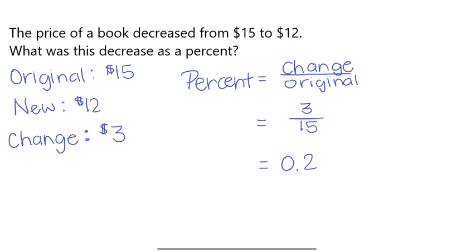However, if that's not one that I know off the top of my head, or if it's a more complicated one that doesn't work out nicely, what we would do is go 3 divided by 15. That gives us the decimal. And once we have a decimal, we're going to multiply it by 100. So that is 20%. So if the price of a book decreased from $15 to $12, that is a decrease of 20%.